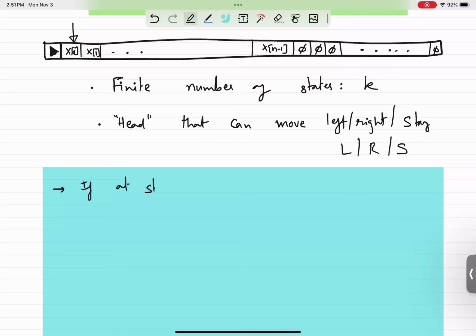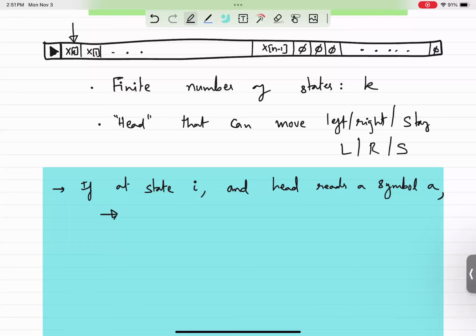If at state i the head reads a symbol A. When we go to Turing machines, it becomes more cumbersome to design them only with 0 and 1, so we'll allow other alphabets.